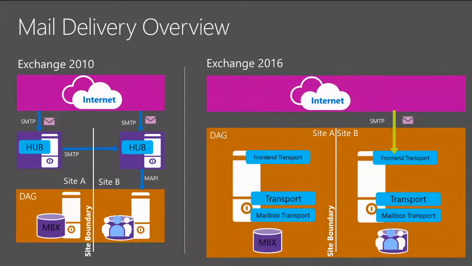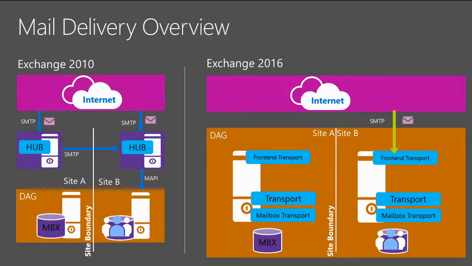That's why in 2016, as well as 2013, if there's one takeaway from these first few slides, it's that there is no cross-machine MAPI communication. All cross-machine communication will happen over SMTP, which is way more used to cross-machine talk.